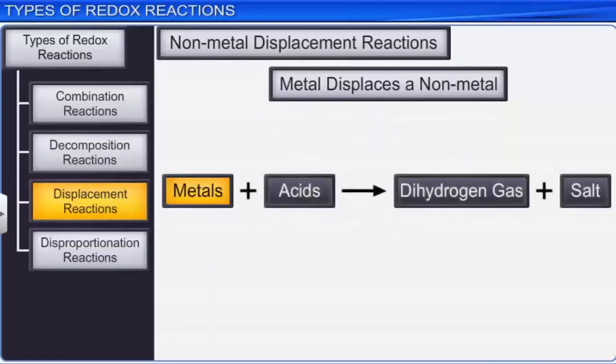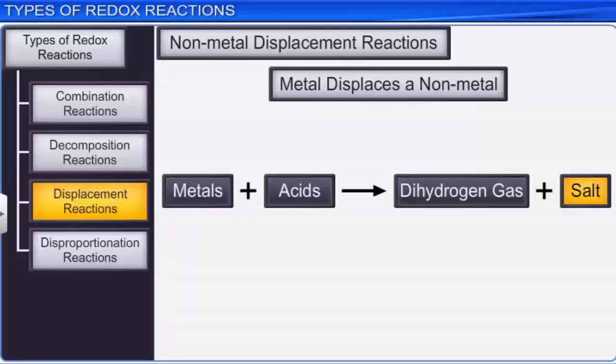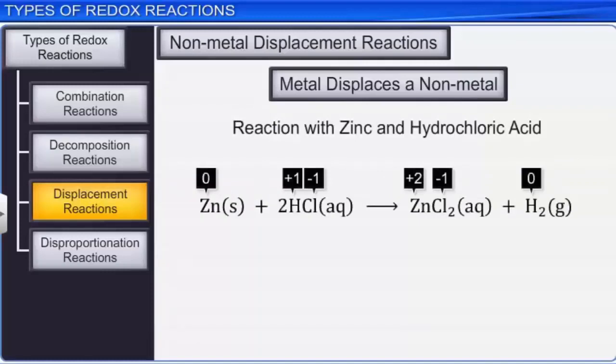Many metals, including those that do not react with cold water, can displace hydrogen from acids to liberate dihydrogen gas and the respective salt. For example, zinc reacts with hydrochloric acid and displaces hydrogen to form zinc chloride and dihydrogen gas.